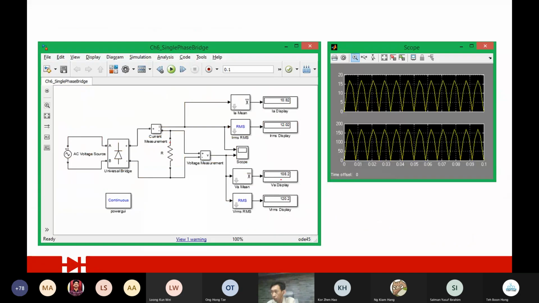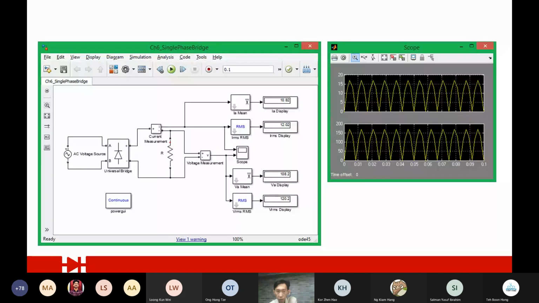Again, this is the old one. The main difference you can see is that you will have both cycles on the positive side. Let me see if I still have this one or not.